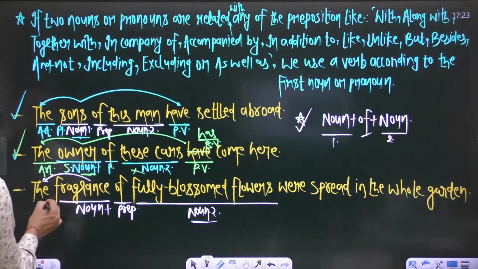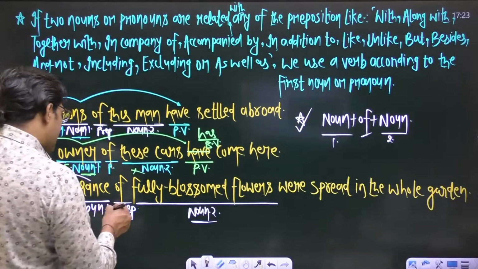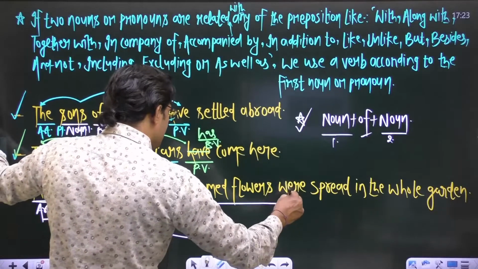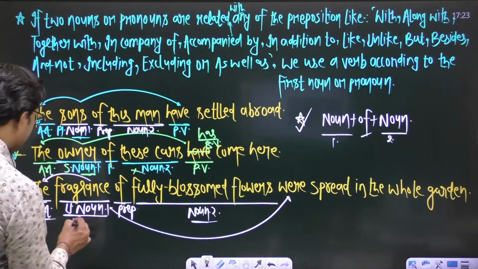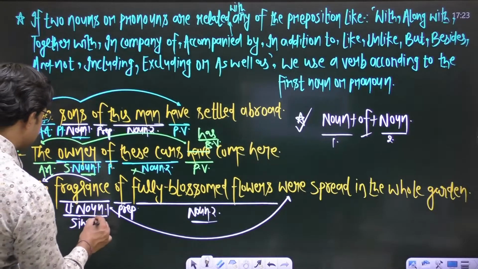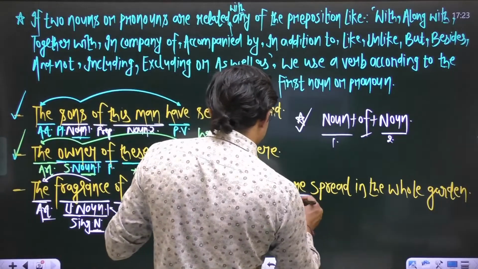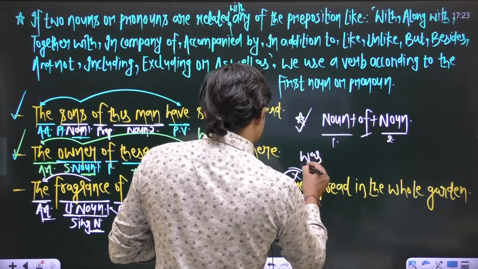To make this first noun definite, we use the article the before it, and according to the first noun we use a verb. This fragrance is an uncountable noun, and all uncountable nouns are considered singular. According to this singular noun we use a singular verb, and this singular verb will be was.